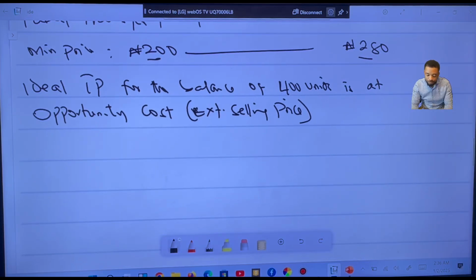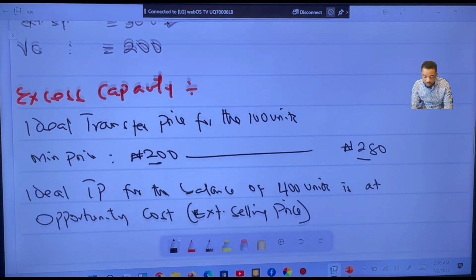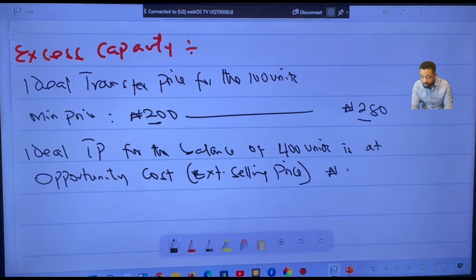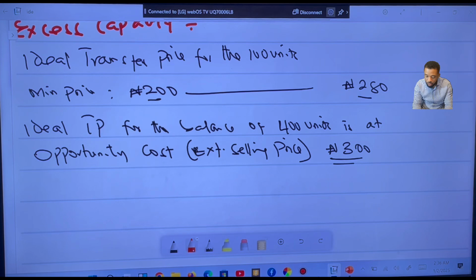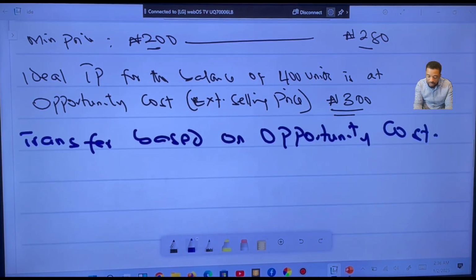So in this case, this external market selling price is 300. So if I want to now look at transfer pricing based on opportunity cost, what I'm doing here is simple.